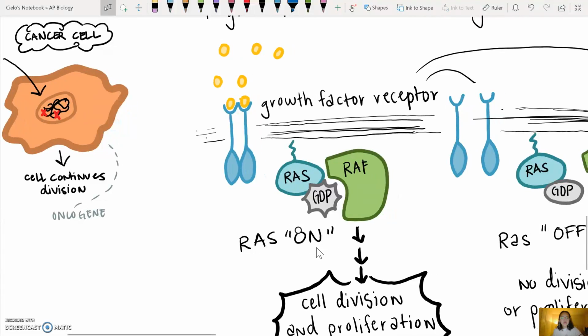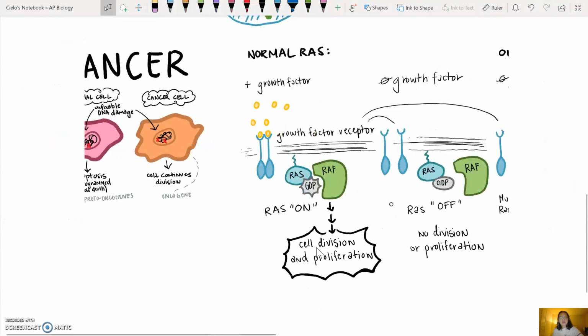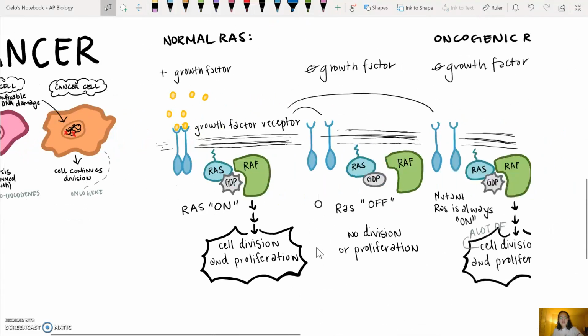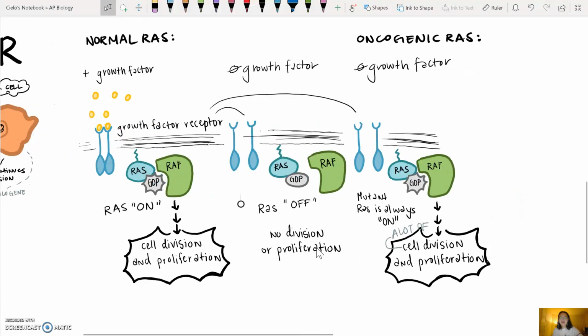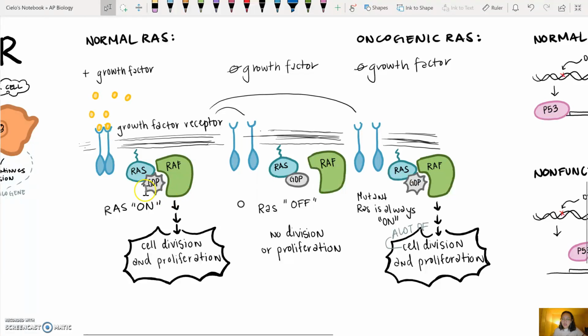Starting with the RAS protein. It is a G protein, and in a normal pathway it produces a final response of a protein that stimulates the cell cycle, leading to cell division and proliferation.